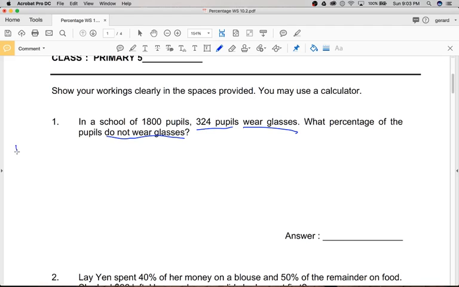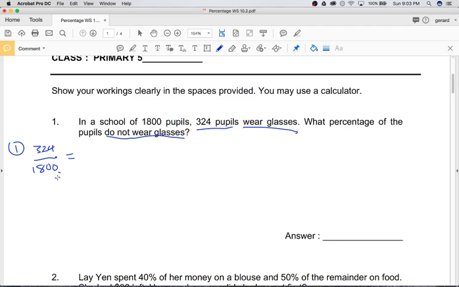The first method, if we're using fractions, is 324 over 1,800. This 324 is the number of pupils who wear glasses, and 1,800 is the total number of students in the whole school. If we're going to use fractions, we have to convert this into 100.